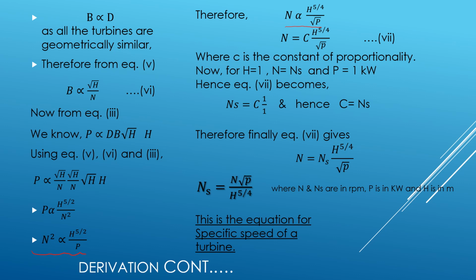So we know for 1 meter head, the power developed is 1 kilowatt and the speed is the specific speed. So N is equal to Ns.